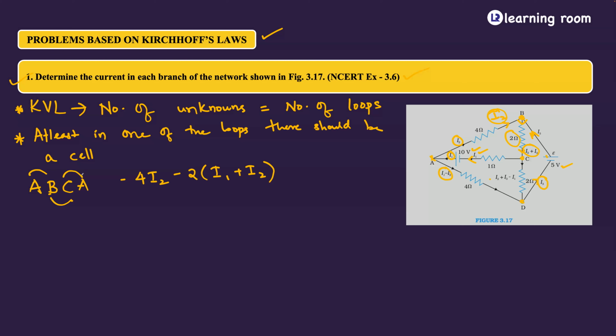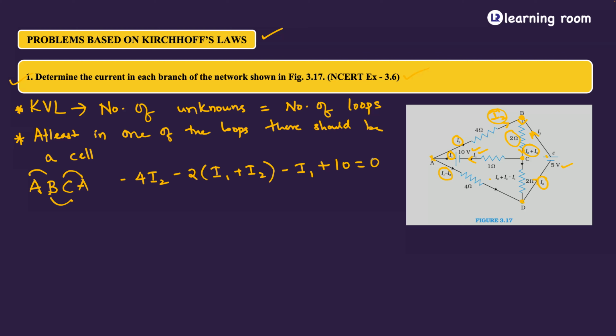I1. So minus or plus? Am I clear? So what about the potential source here? You're going from lower to higher. So it will be plus 10. So everything put together should be a 0.